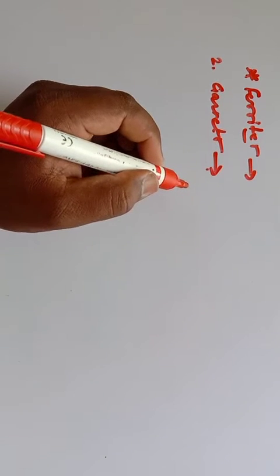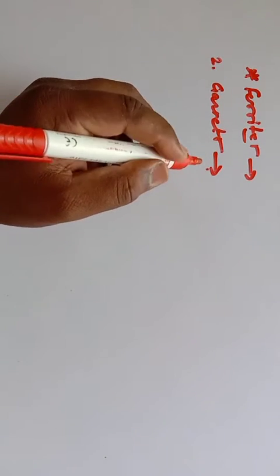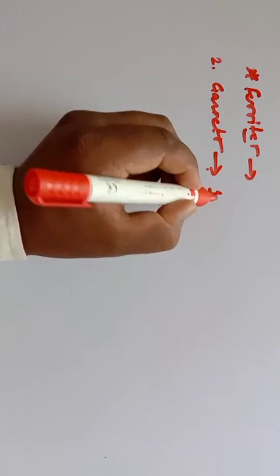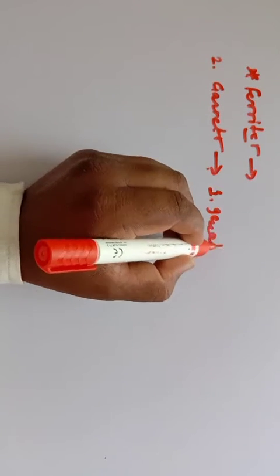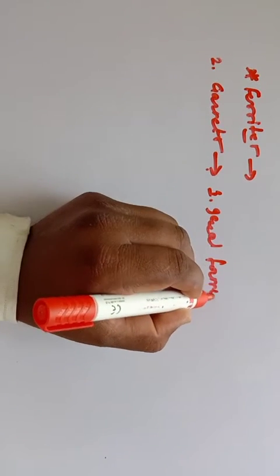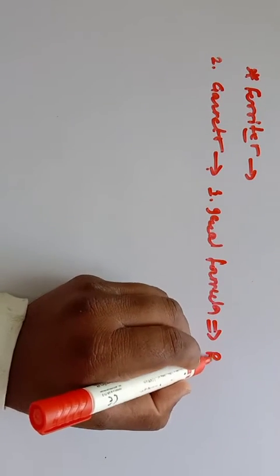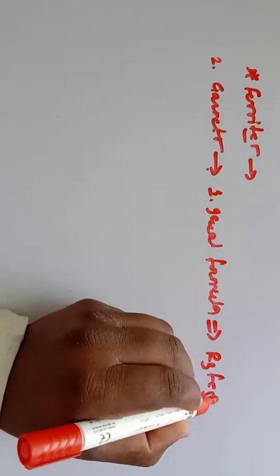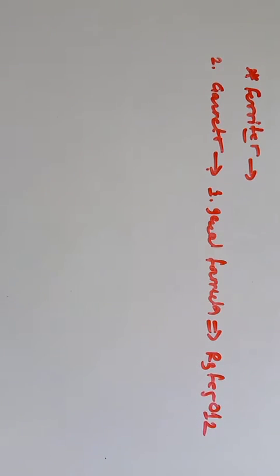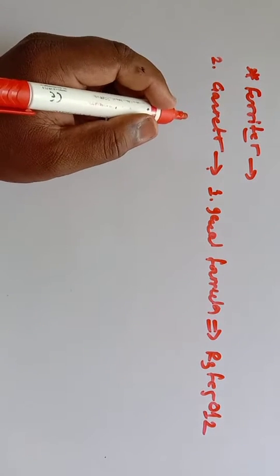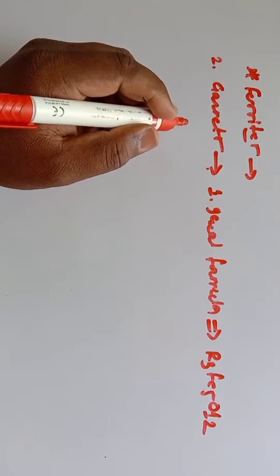So what are these garnets? These garnets have the general formula R3Fe5O12.